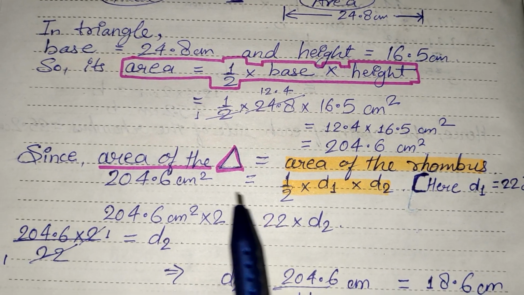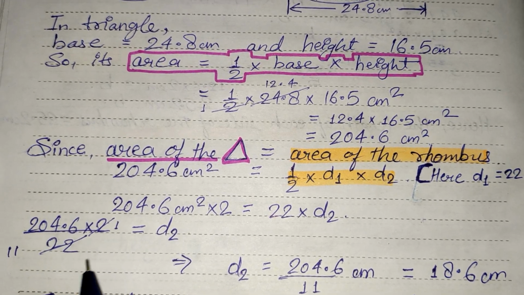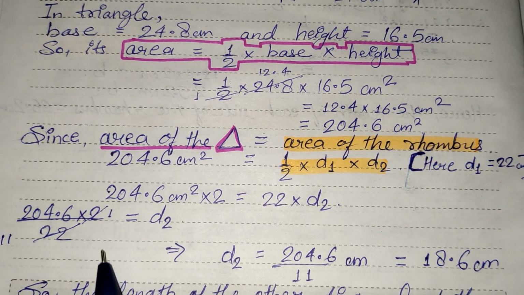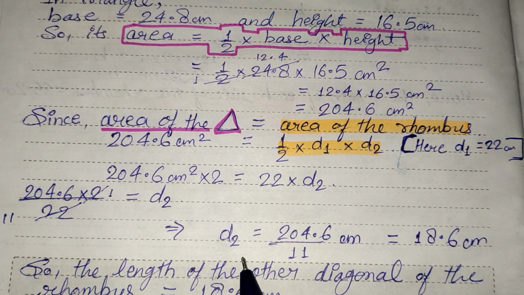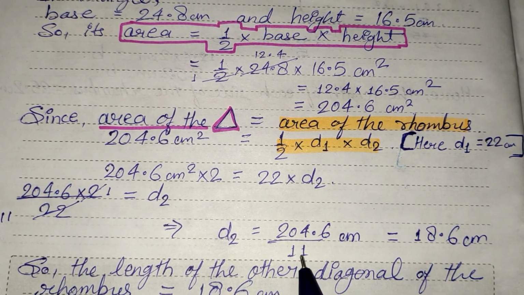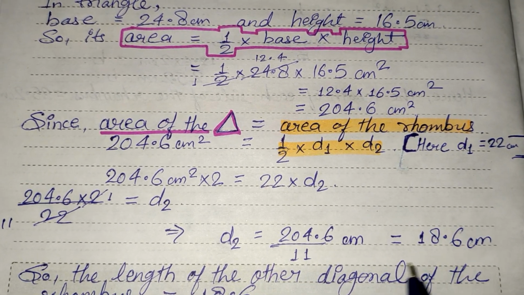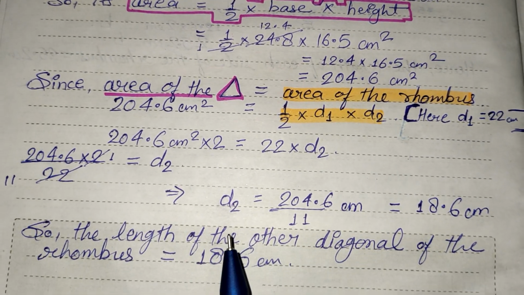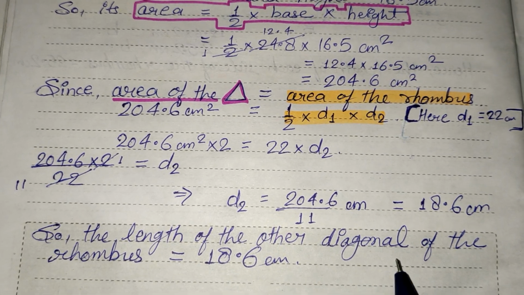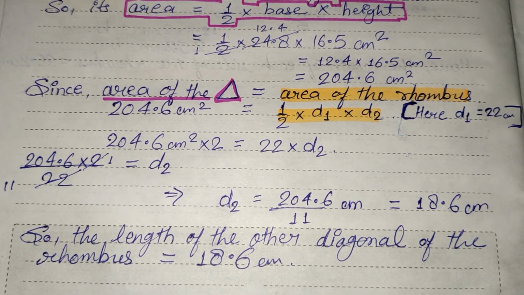Now transfer this 22 to the left side, we have 204.6 into 2 upon 22. Calculating this, we have diagonal 2 is equal to 204.6 upon 11, and calculating further, we have 18.6 centimeter as the length of the second diagonal. So the length of the other diagonal of the rhombus is 18.6 centimeter.